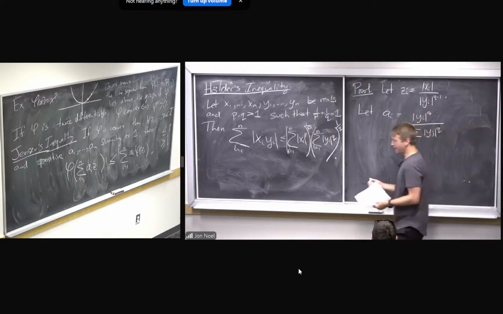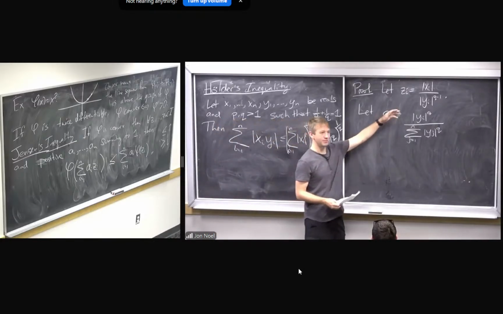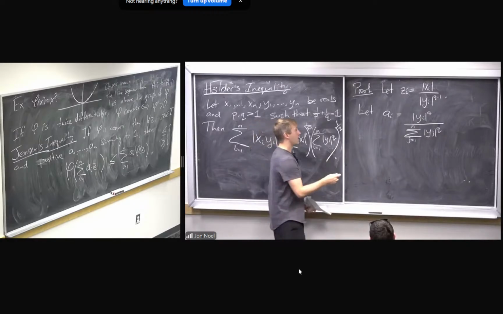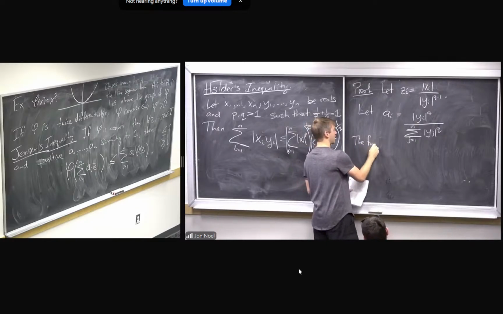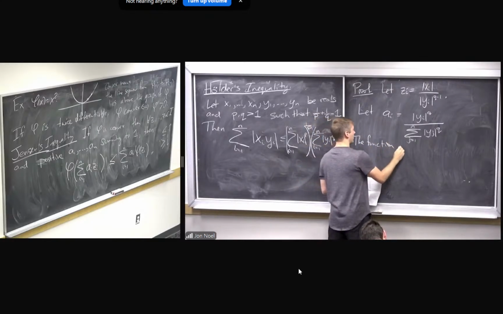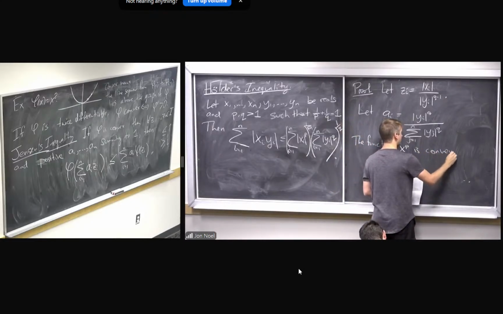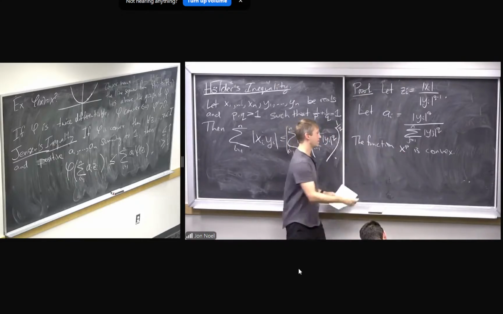This is the kind of proof that I can't possibly memorize because all of these things just seem too wacky and weird, but it works out. So here's the thing. The function x to the p is convex, because p is bigger than 1.